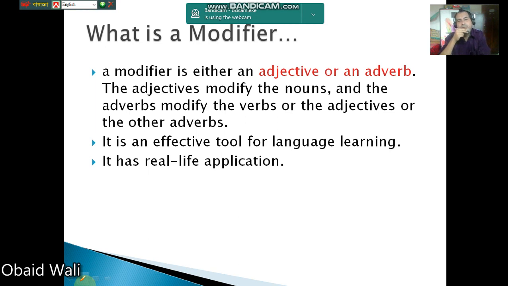You know how important vocabulary is for learning English. So you can learn new words with the help of modifiers, and it has real life application in your speaking and in your listening. It will be needed for all the 4 skills in your language learning.